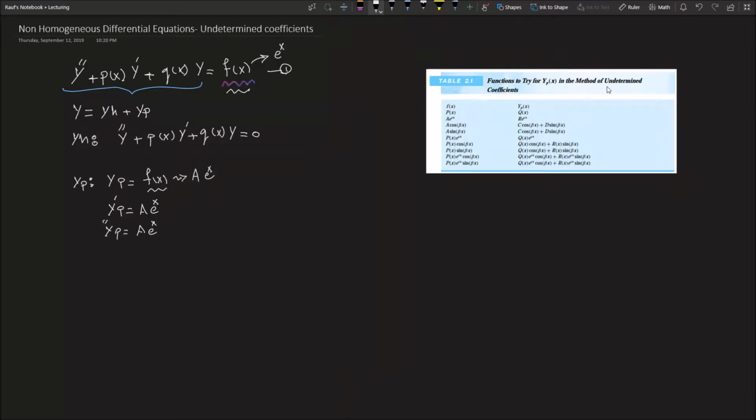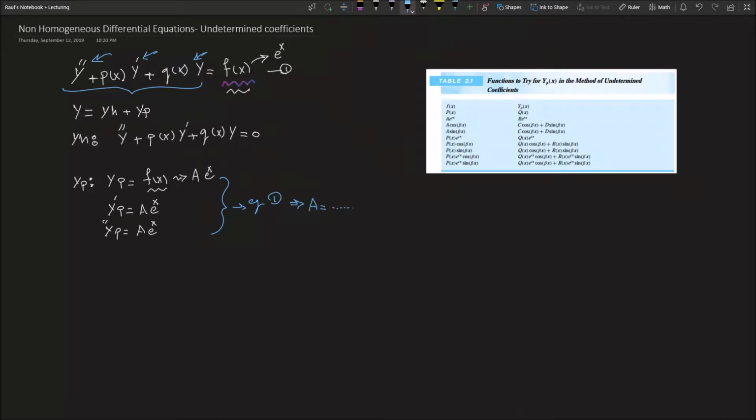Then you substitute these in equation number 1. So you have here the y double prime, just put in here whatever term you found, y prime, and the y, and from that you can find the value of the parameter a.